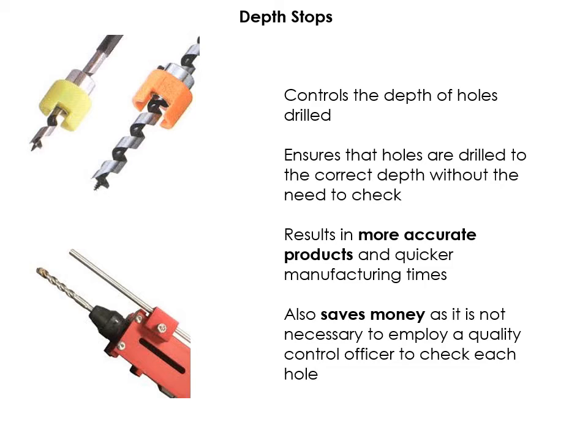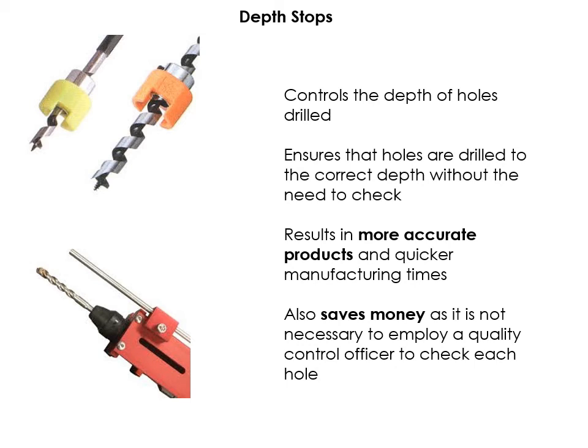It stops the drill bit going too far into the material, and it actually eradicates the need for someone to check the hole afterwards. So it controls the depth of the holes and ensures that holes are drilled to the correct depth without the need to check. This results in more accurate products and also quicker manufacturing times, because you don't have to stop and check the hole because it's already been drilled to the correct depth using one of these stops.